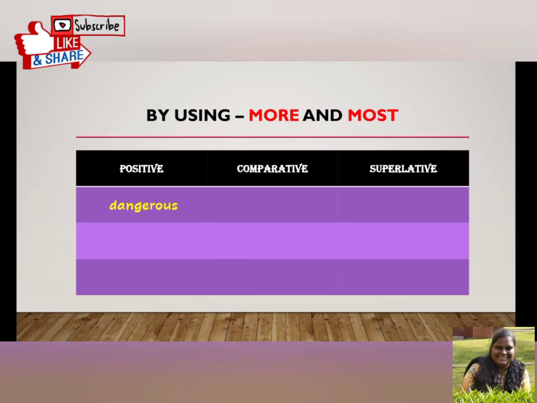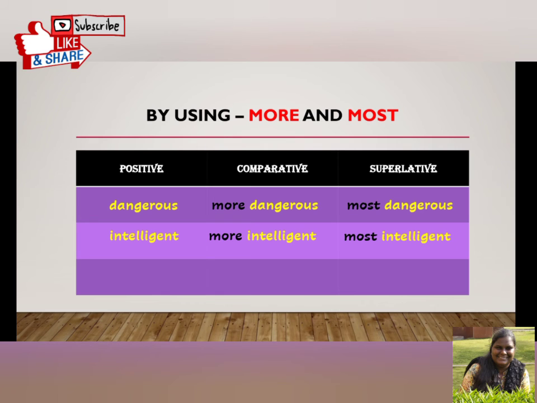Dangerous will become more dangerous and in superlative most dangerous. Intelligent, more intelligent, most intelligent. Comfortable, more comfortable and most comfortable. We have many more also.